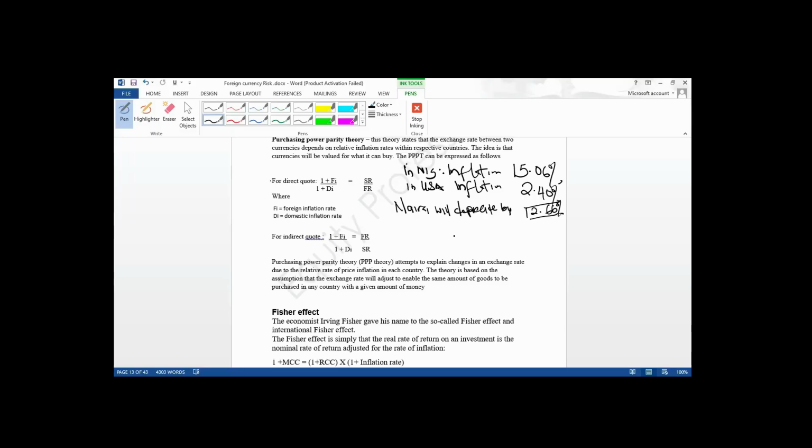Look at the equation. Equation is (1 + FI) divided by (1 + DI) is equal to SR over FR.